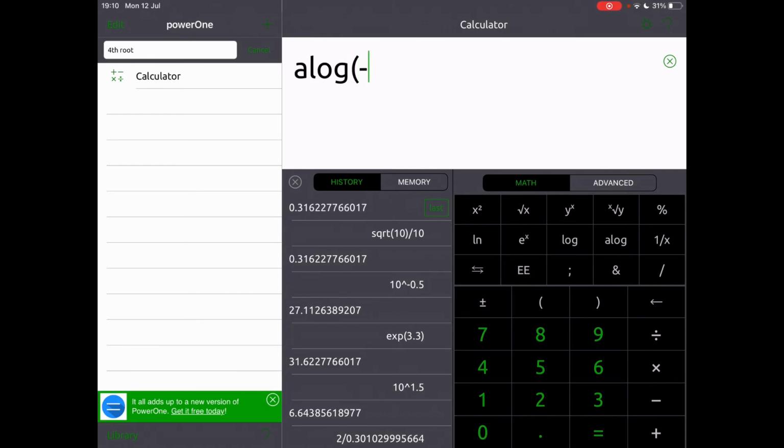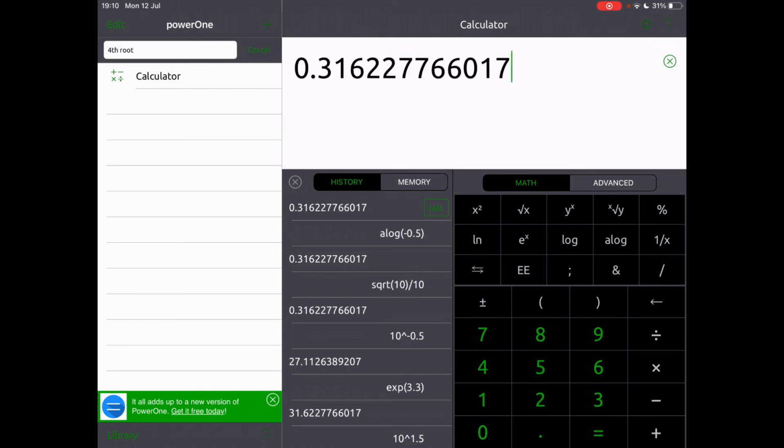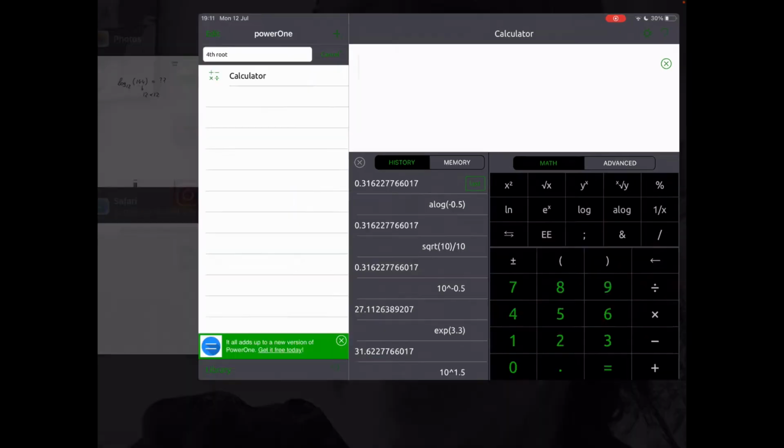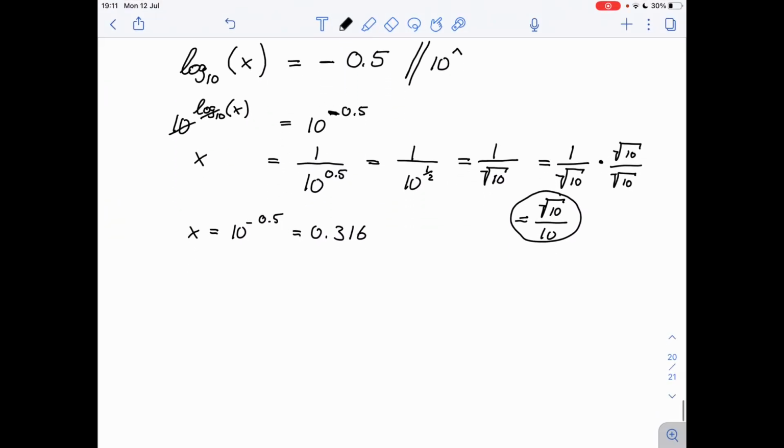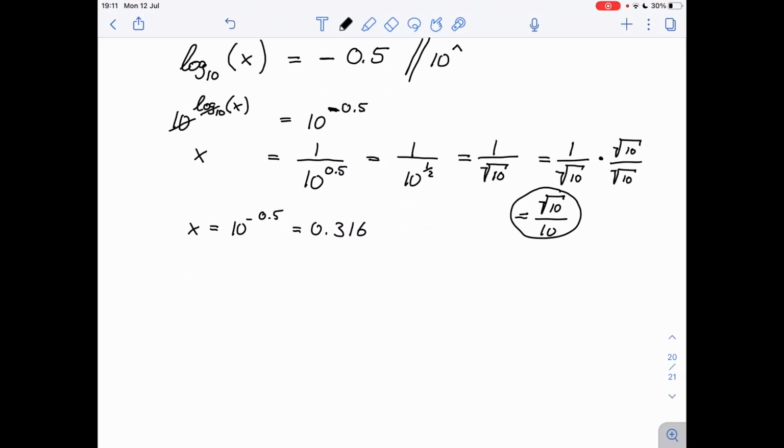Now I put in negative 0.5, close the bracket, and again I get my 0.316. So we can either do it with 10 to the power of, or with a lot of calculators we can use the anti-log.